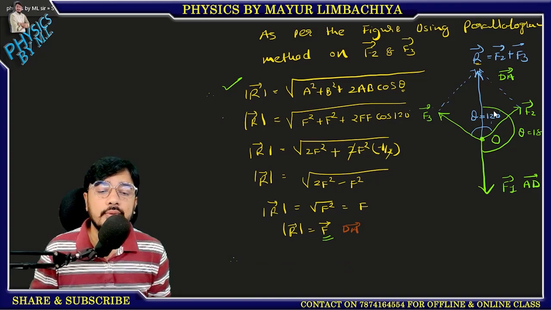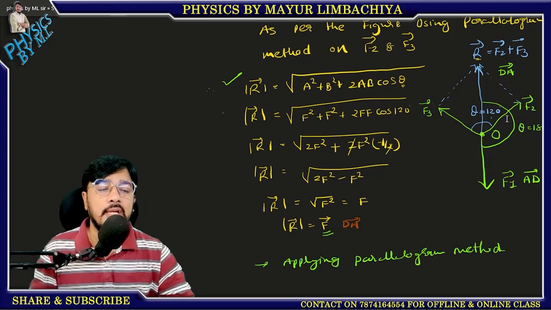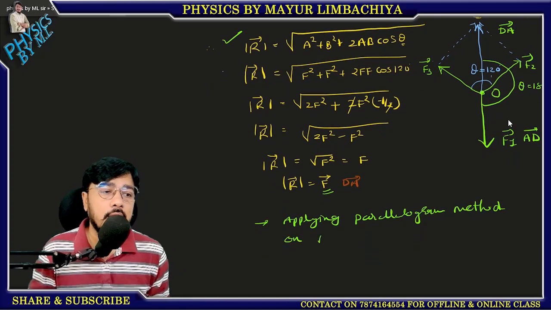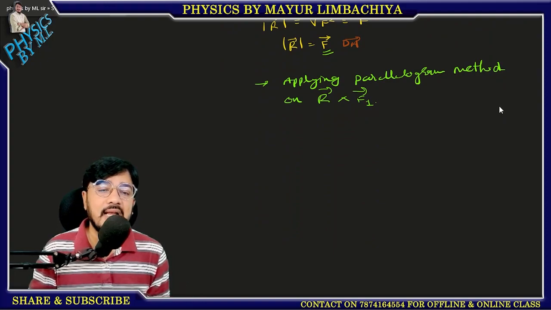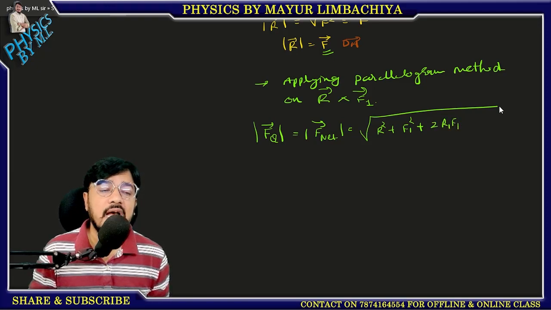So now applying the parallelogram method on R and f1, the magnitude of the net force will become under root of R square plus f1 square plus 2 R f1 cos theta. But R is f, and f1 is also f.